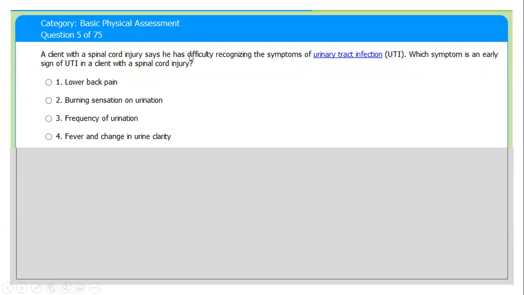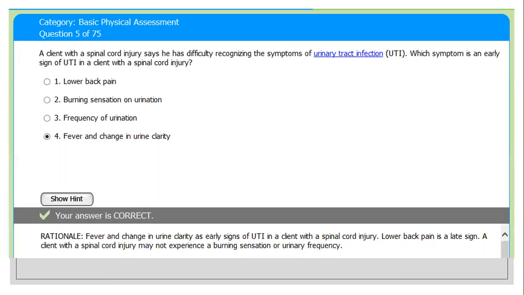They said the client has difficulty recognizing the symptoms of urinary infection because of spinal cord injury. So which symptom is an early sign of UTI? Low back pain, burning sensation on urination, frequency of urination, fever, and change in urine clarity. The answer is the fever. In a urinary infection, neutrophils go up and the patient develops fever.